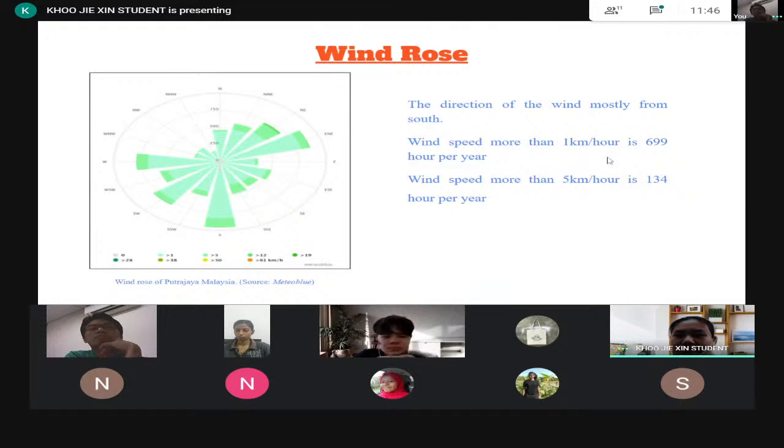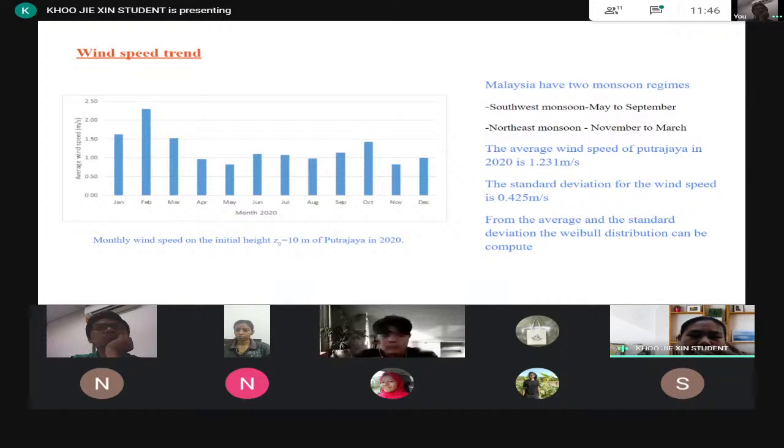For this one we can talk about the wind direction. You can see the wind direction is more to the south. This is because of the monsoons. Malaysia has two monsoons, the southwest monsoon and the northeast monsoon.